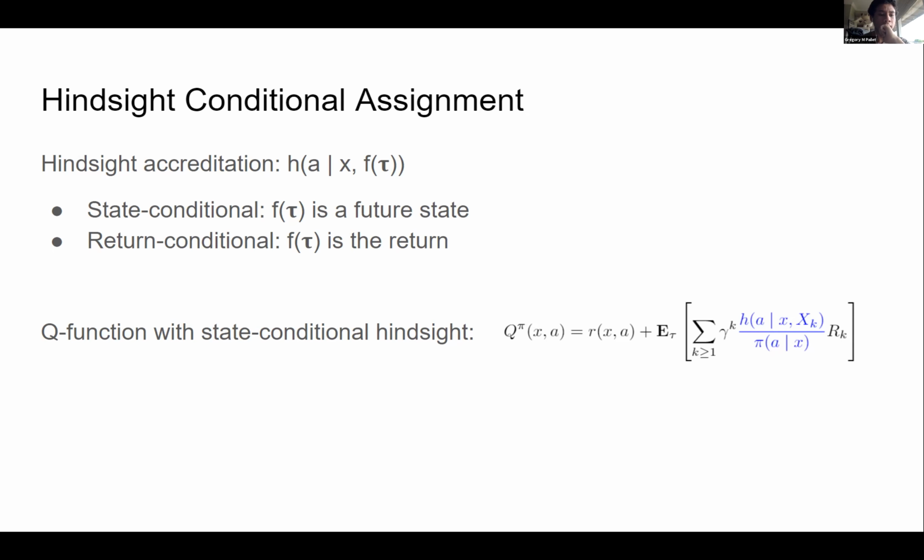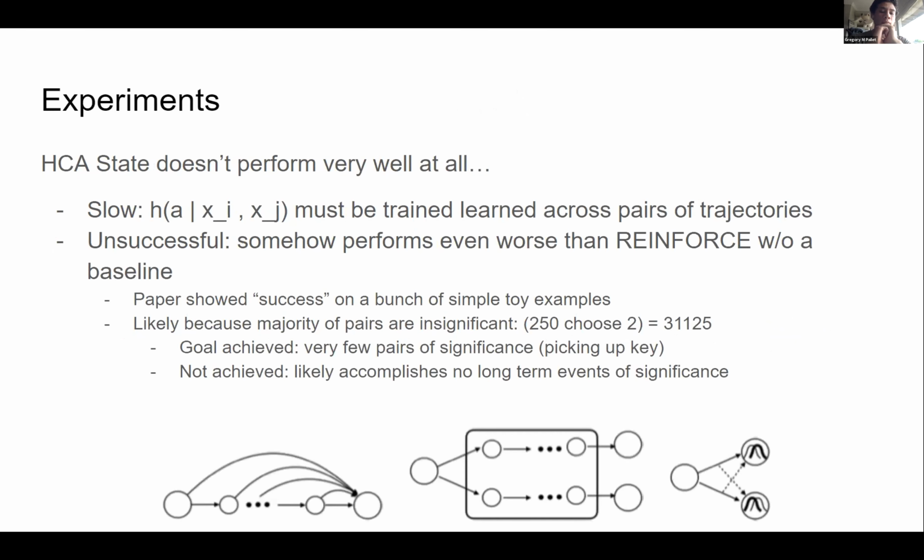And what we've done with our experiments is to try to implement these. What's interesting is that when we actually tried to implement this, HCA state doesn't perform very well at all. In fact, it performed quite terribly, enough that we had to use another implementation just to confirm that it wasn't performing well, because we thought ours had bugs.